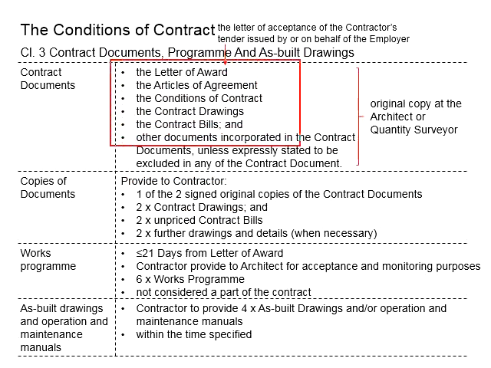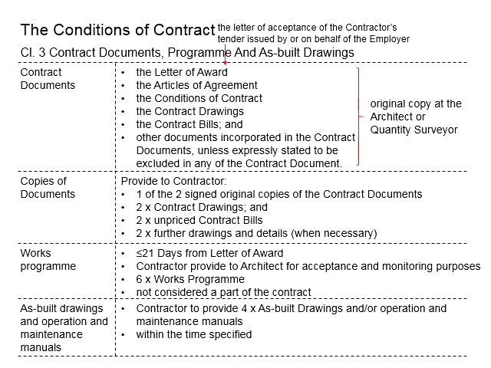That means this contract document comes in two sets. Both are signed by the employer and the contractor. One copy is with the architect and the quantity surveyor. Another copy will be kept by the contractor.